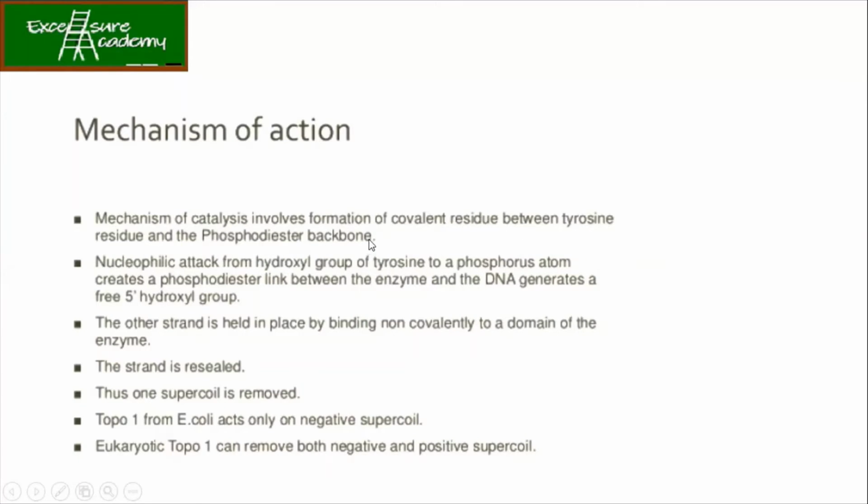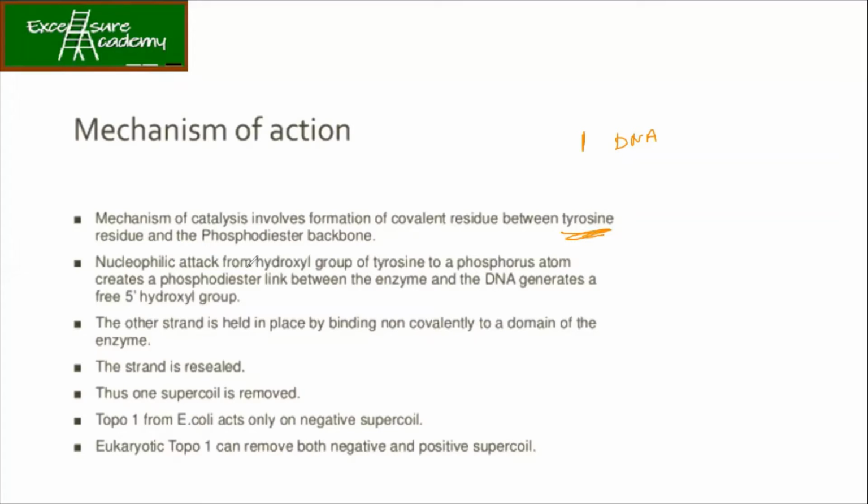So what is happening? We know that in the case of topoisomerase 1, one strand of the DNA is being broken, right? So how will it be? It is like you broke it and are holding on to it, okay? Now this is held together with the help of the tyrosine of your topoisomerase.